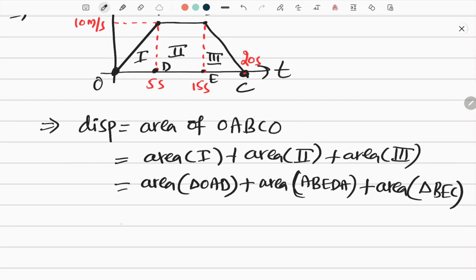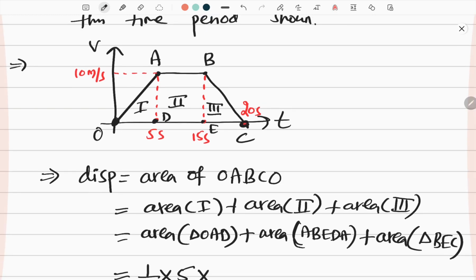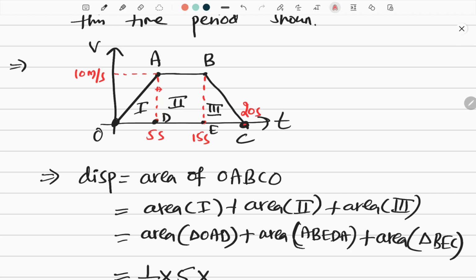Area of OAD is half into base into height. The base is OD, and 0 to 5 means the base is 5. The height is DA, which is 10, since this distance from O is 10.